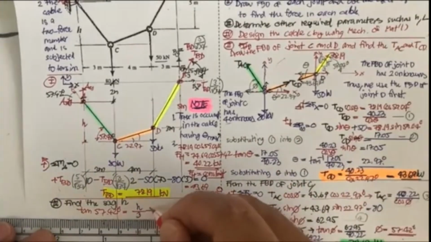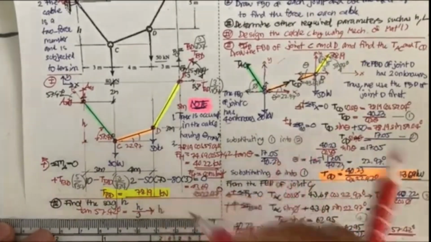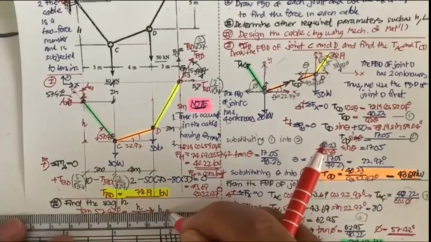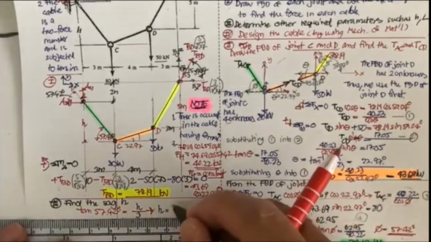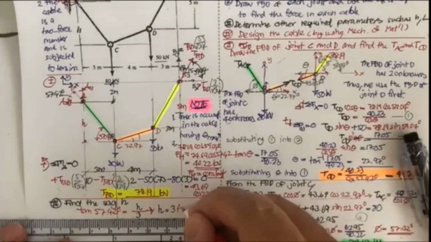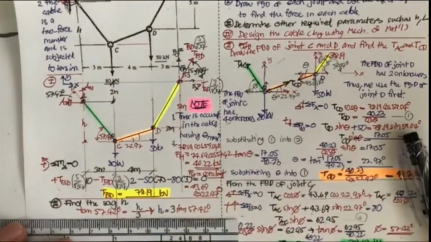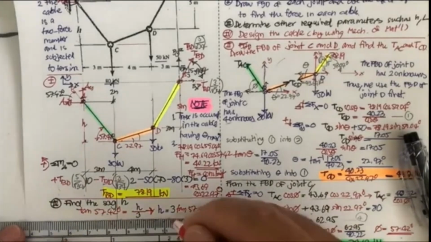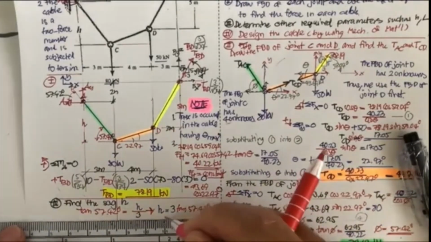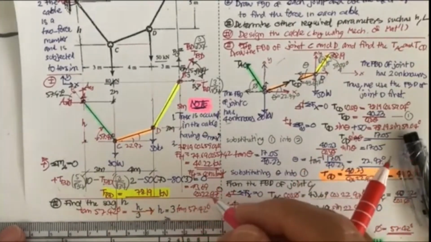Now you may have H equal to 3 times tan 57.42 degree. If you put that into your calculator, you're going to get H of 4.694.